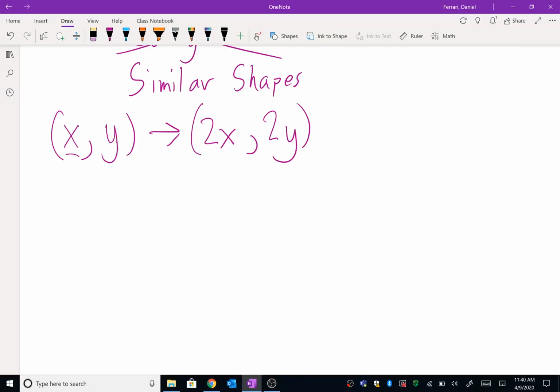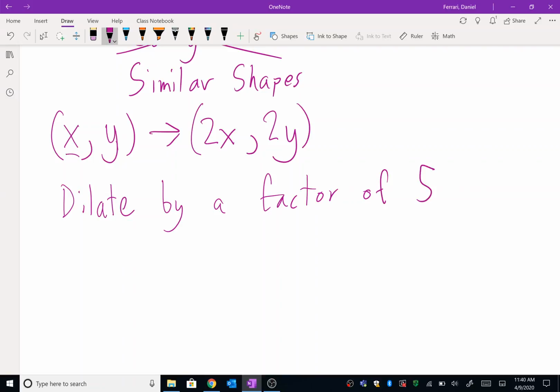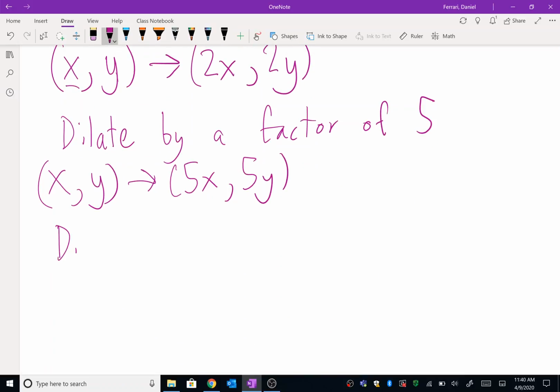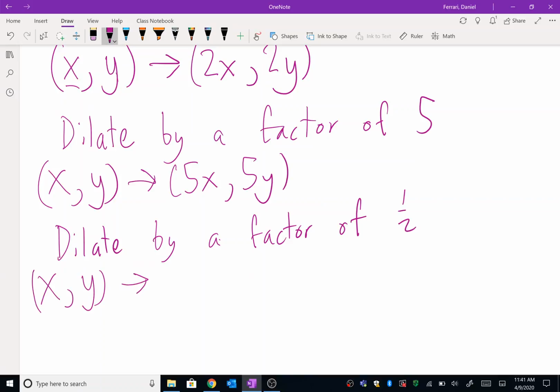If I wanted to dilate by a factor of 5, because we did that one earlier, again, start with x comma y, and then it would be 5x comma 5y. Similarly, if I wanted to dilate by a factor of 1/2, same idea. Start with x comma y, and then 1/2 x comma 1/2 y.